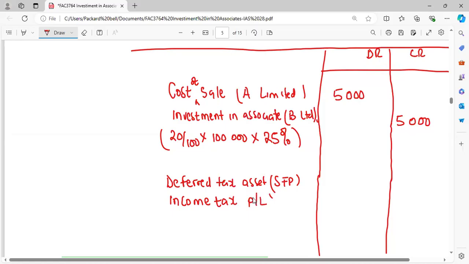So that's how we determine it. So it's going to be 5,000 times, let's just use the rate which is there, 28%. How much is going to be tax? 1,400.